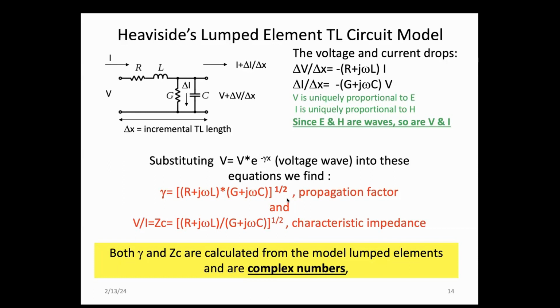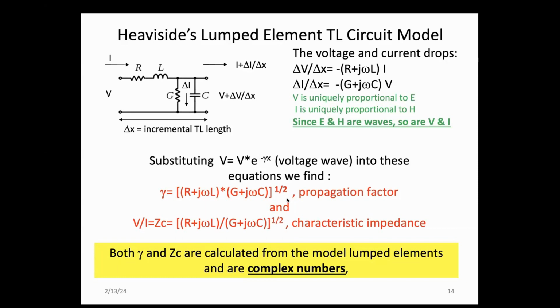So if we substitute an expression that represents a voltage wave into these equations, we find that the propagation factor is equal to the square root of (R plus J omega L) times (G plus J omega C). And the characteristic impedance is the square root of (R plus J omega L) divided by (G plus J omega C).